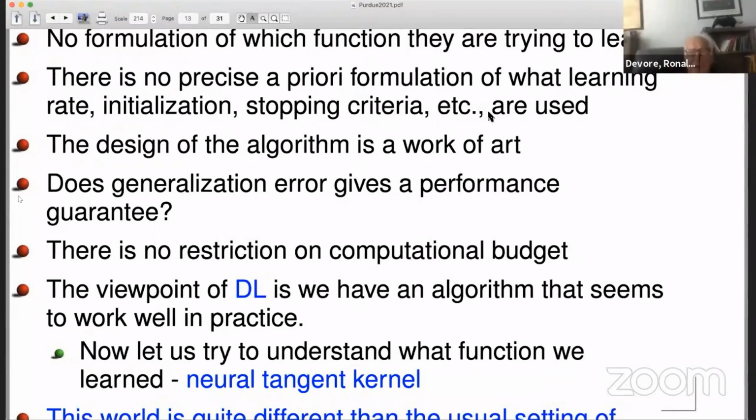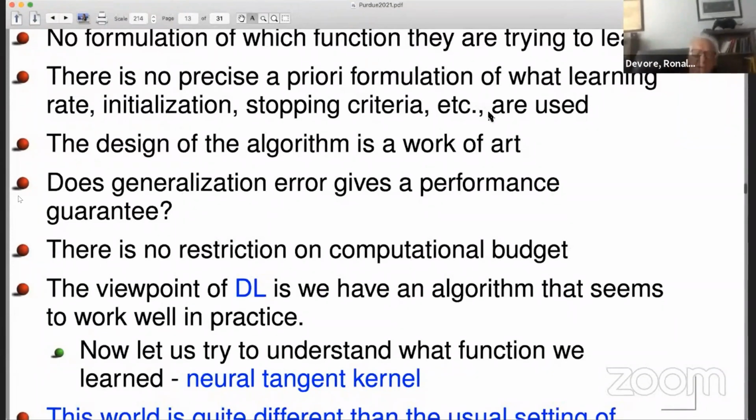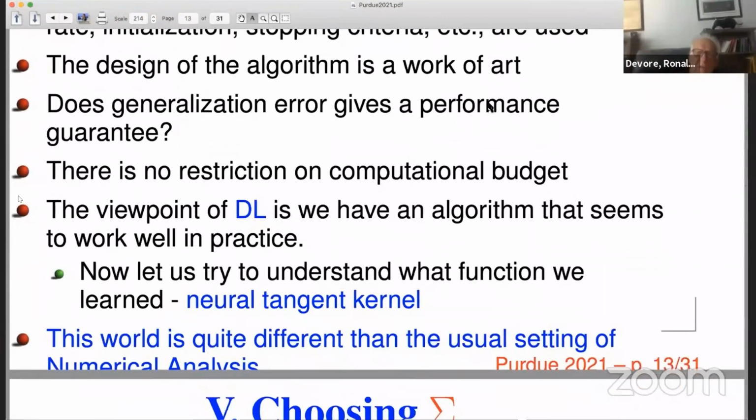We don't see that. So the design of algorithms is, I would say, more work of art versus what one typically does in numerical analysis.